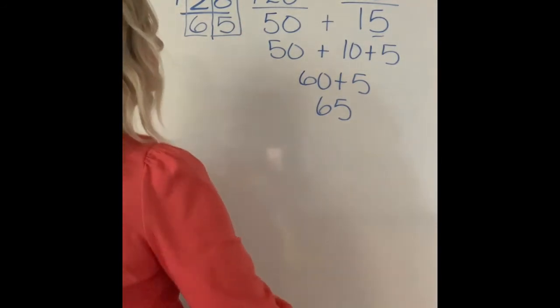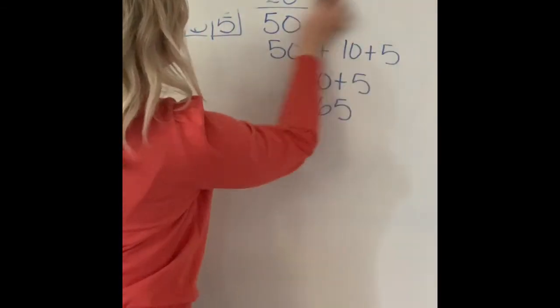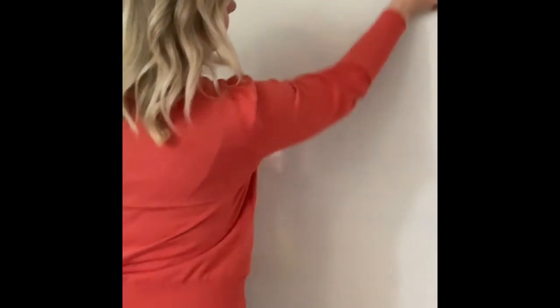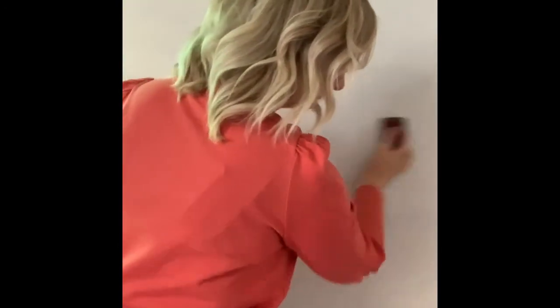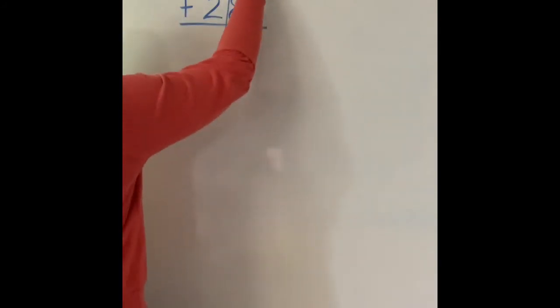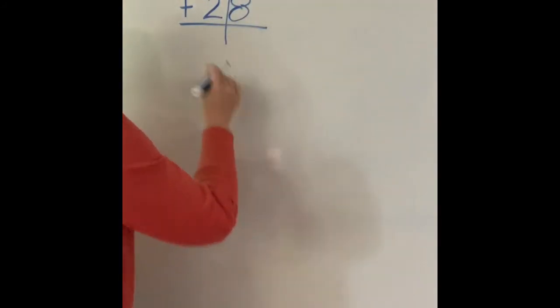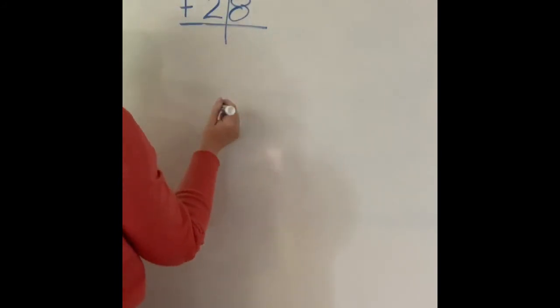Let's try another one. 52 plus 28. Now remember, we're going to look at the ones place and the tens place separately. So I have 50 and I have 20 here.